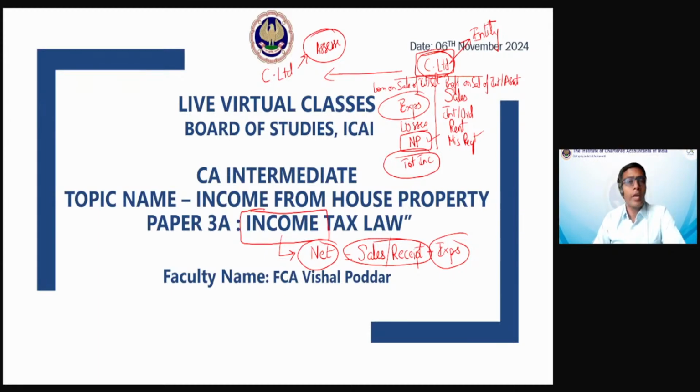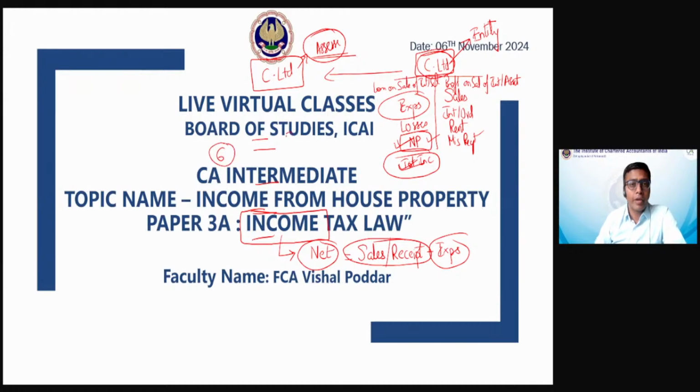Now, in the income tax law, the same person, the same entity, is referred to as an assessee, and the same net profit, which is the total income, is computed, but it is computed head-wise, right? Now, originally, when the 1961 income tax law, which you are studying today, was formulated, there were 6 heads of income.